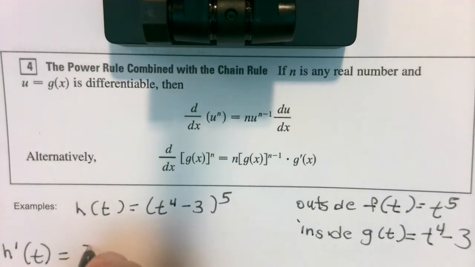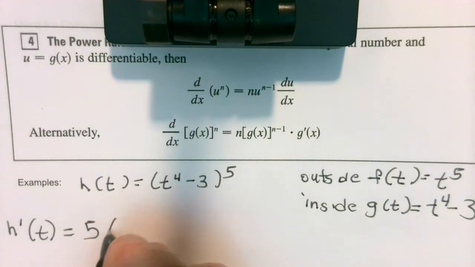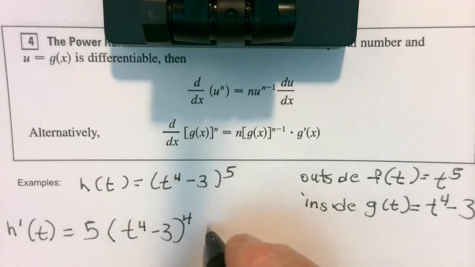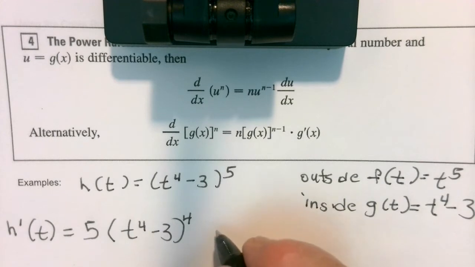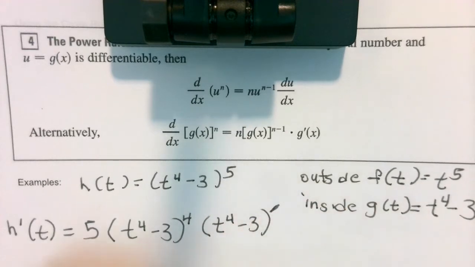we're going to bring down the 5. And then we leave the inside inside. And we subtract 1 from the exponent. And then we've got to go times the derivative of the inside. So if I write out what I've got to do, I've got to multiply times the derivative of this.